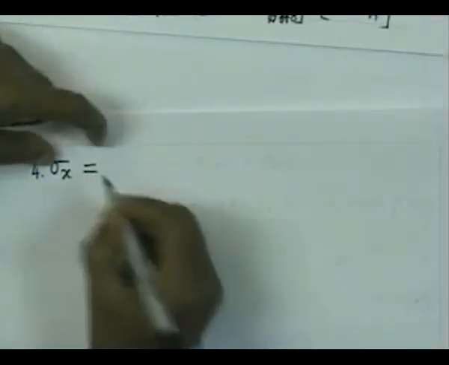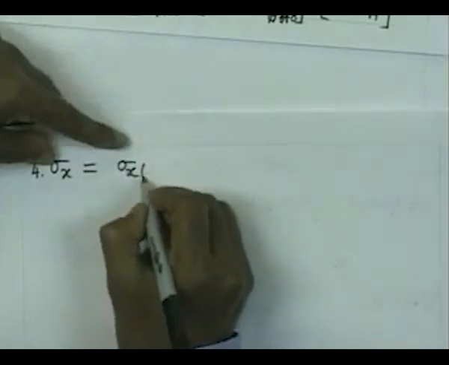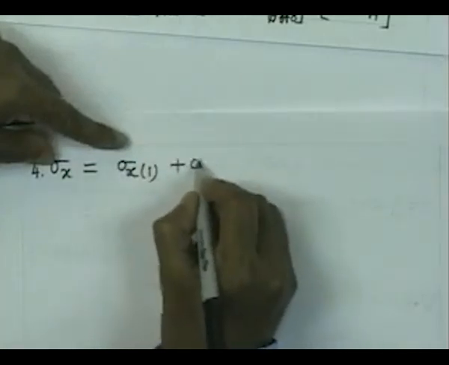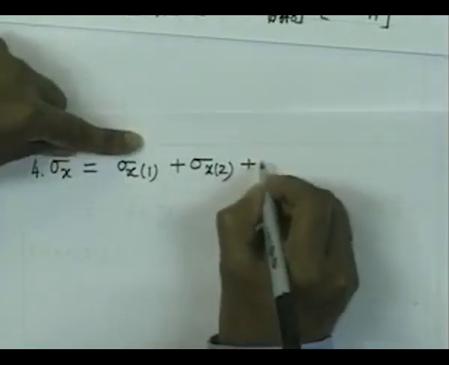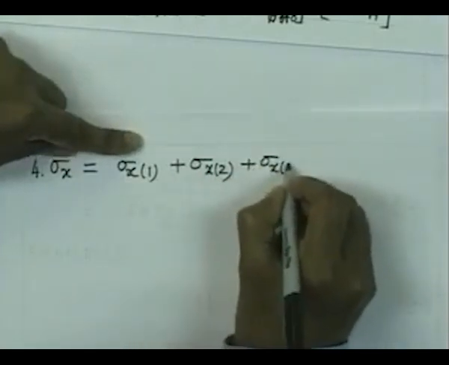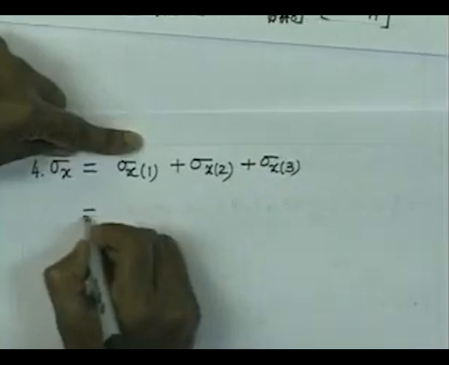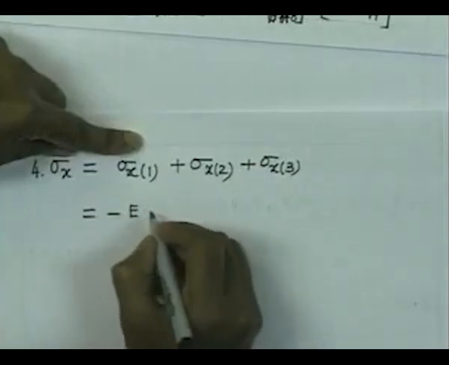And now, if I put all these together, sigma x is equal to sigma x1 plus sigma x2 plus sigma x3, and let us substitute the values.